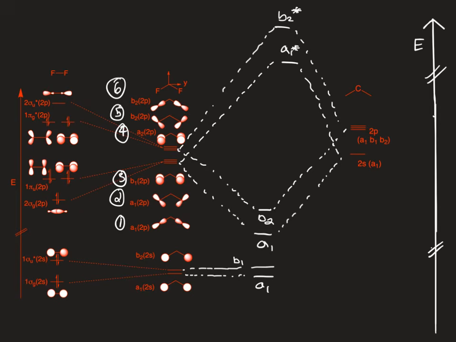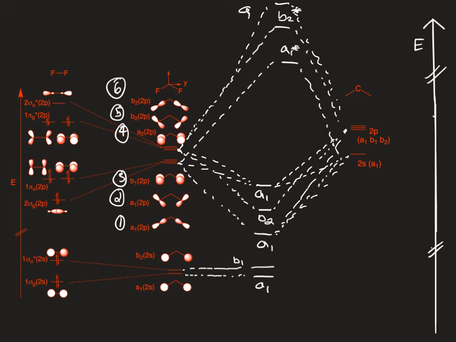Now this is going to be up higher in energy than it otherwise would be because there's going to be a little bit of mixing in from that 2s. So these A1s can mix together. We're going to get a very high energy A1 star.